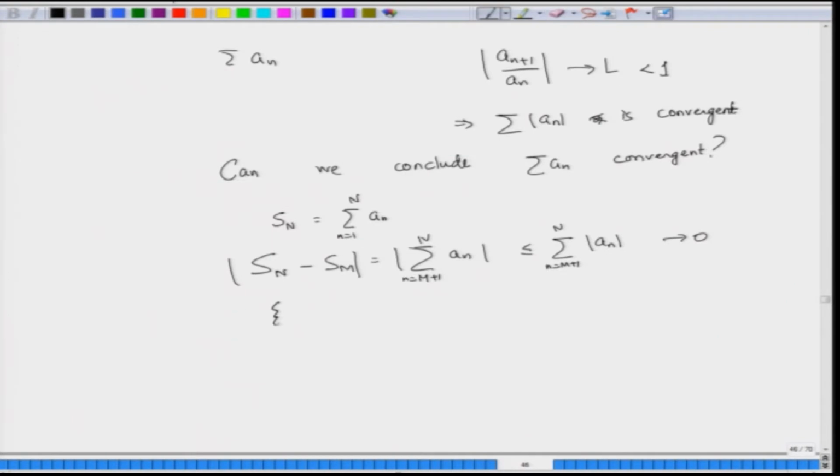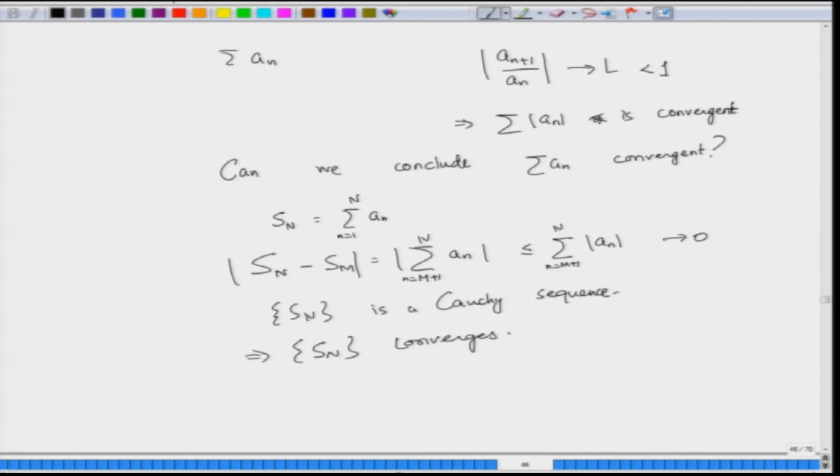Therefore, what we get is that S_n is a Cauchy sequence, and we have stated that every Cauchy sequence in R converges. So, this will imply that S_n converges. So, that will tell us that if the summation of |a_n| is convergent, then the summation of a_n is convergent.